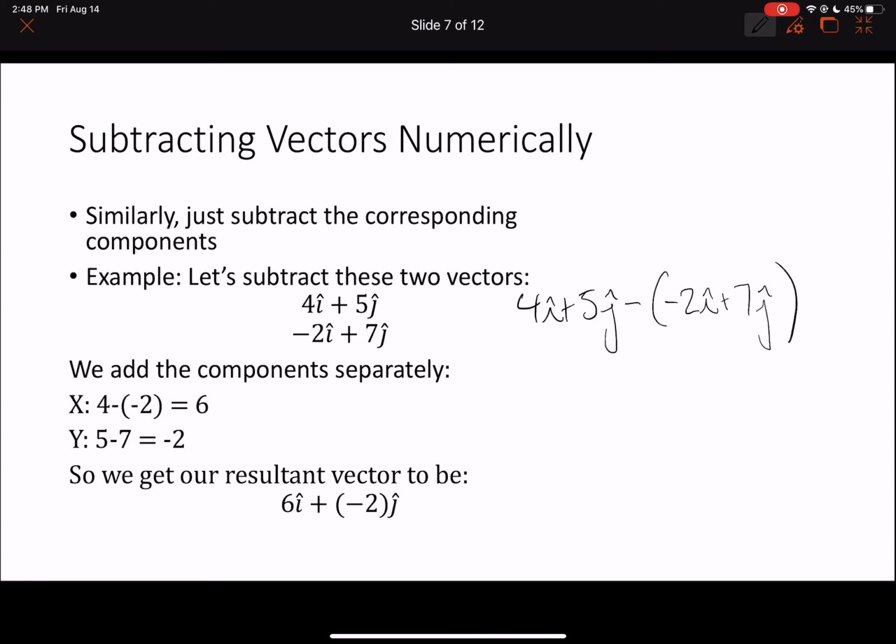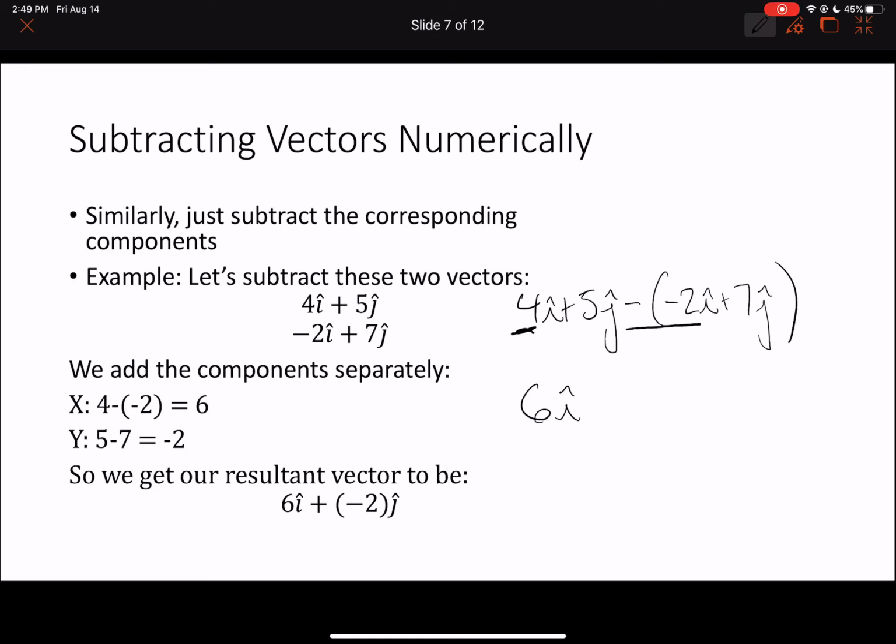Again, we add the components separately, but this time we're subtracting them separately. And so we're doing 4i hat minus negative 2i hat. Well, what is minus negative 2? Well, that's just addition. And so it's basically 4i hat plus 2i hat. And so we get 6i hat.